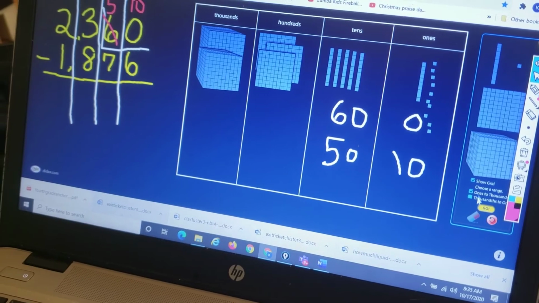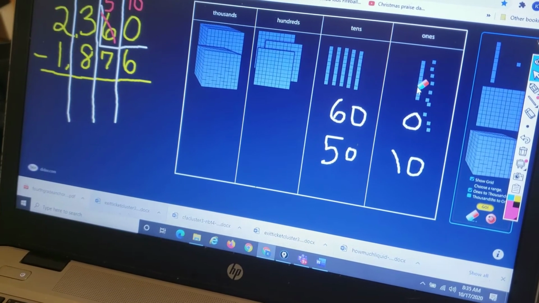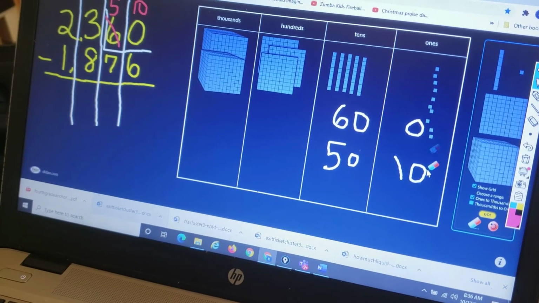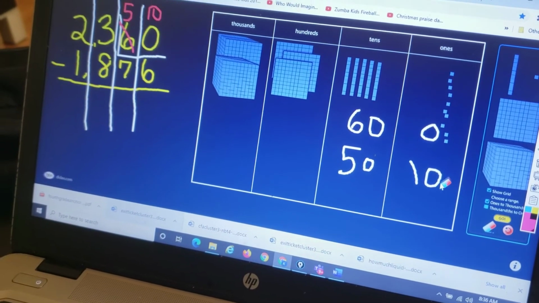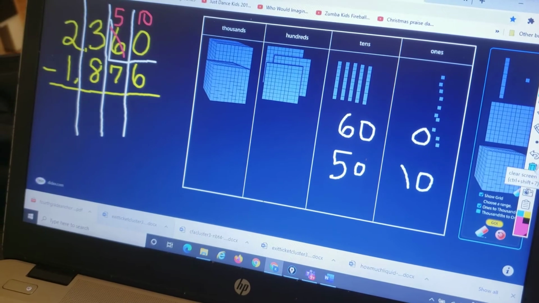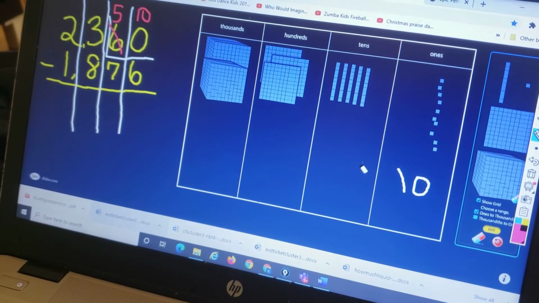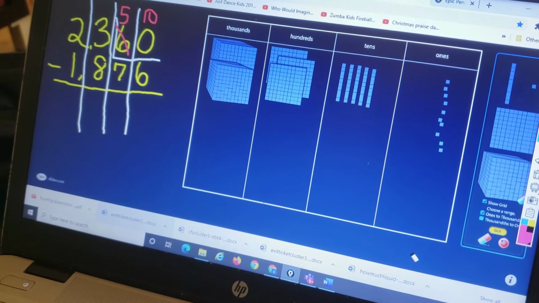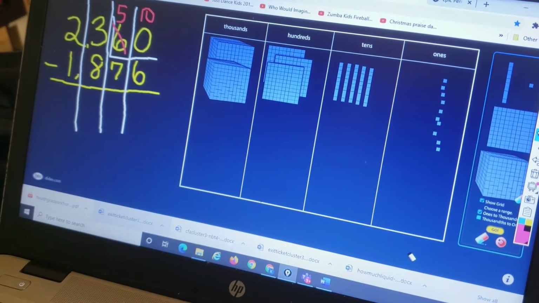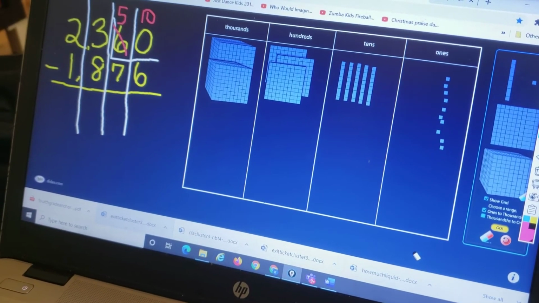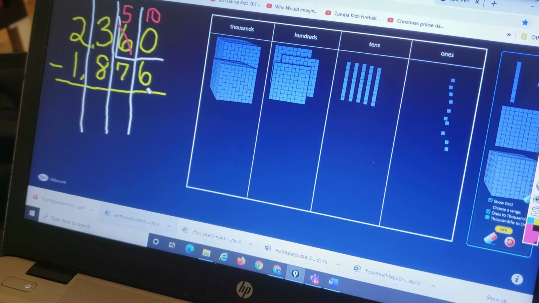Okay? I'm just going to get rid of the 10 rod. It's still the same though. We have 50 and 10. We still have 60. Broken up still the same way, but the good news is now, because I have enough tens, I can get the 6 ones that I need.